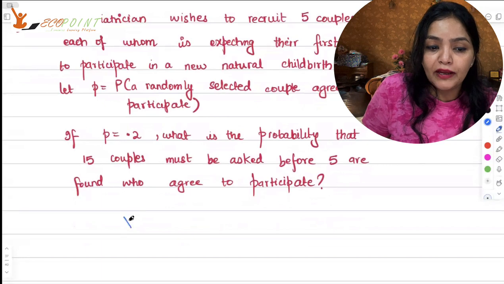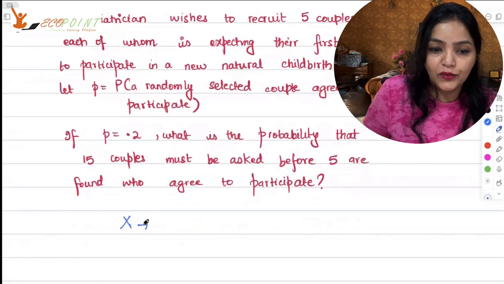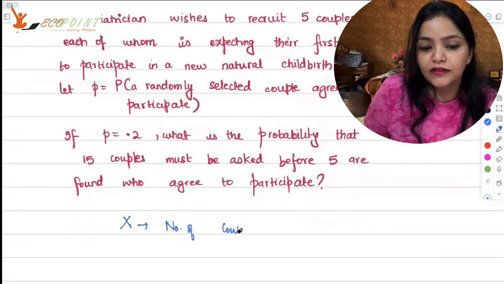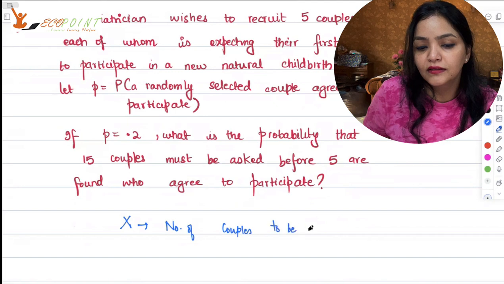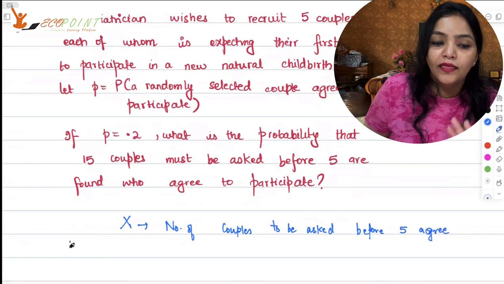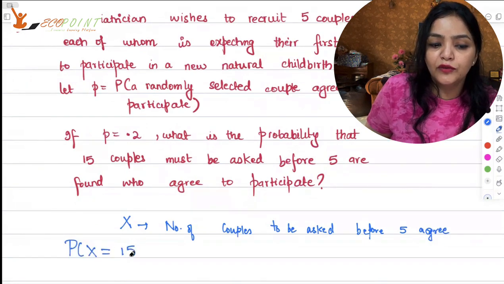Therefore, if my random variable here is the number of couples to be asked before 5 agree to participate, then I'm looking at the probability X equal to 15.